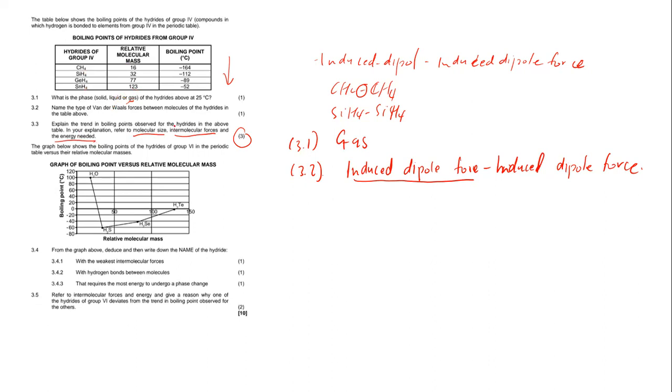More energy is needed to overcome the strength of intermolecular forces amongst these hydride compounds. Let me try to write it down, so I can explain it better and it makes sense. Like I said, I'm going to start with molecular size, meaning why the boiling point is increasing from here to here.